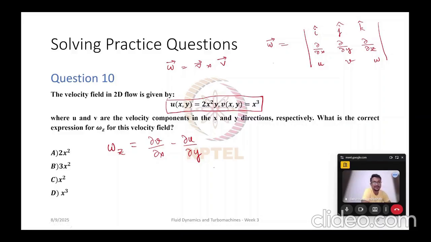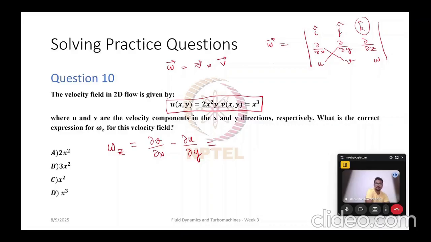But anyway, in this case, we are only interested in the z component of vorticity, and as you know, it has to be calculated this way. So dou v dou x minus dou u dou y.